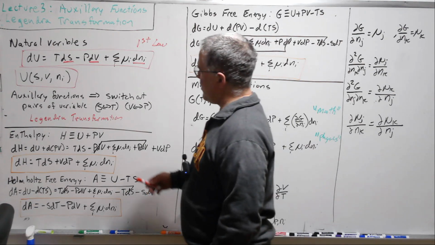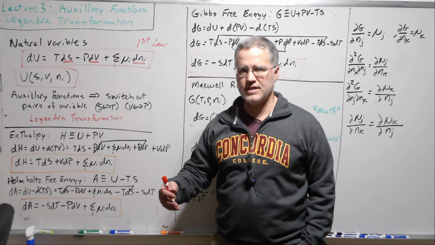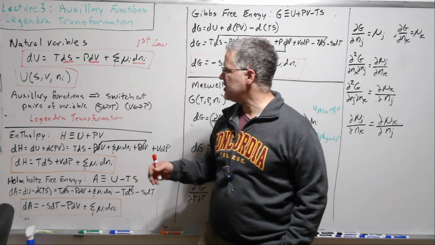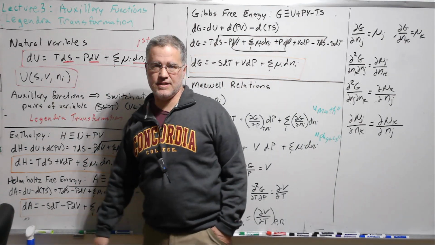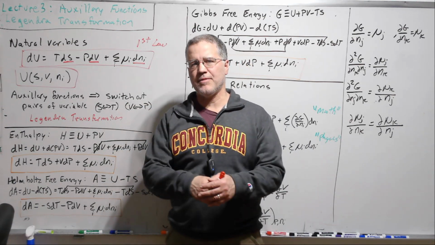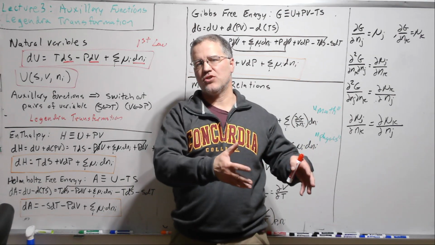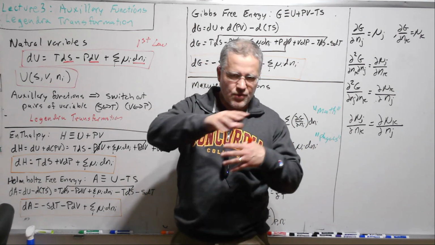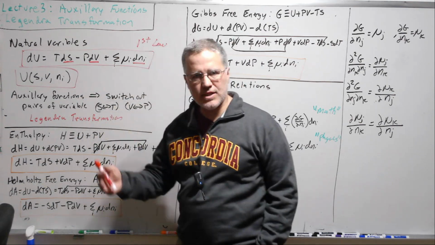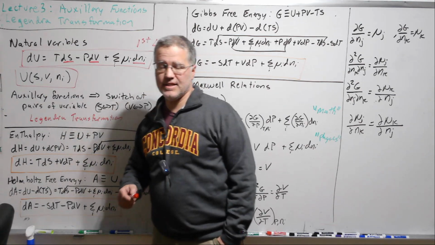Well, it turns out that we will often want in the laboratory and in calculations to have more convenient functions of different variables. And in fact, usually one of the main jobs of a thermodynamic function is to get an expression in terms of things that are easy to measure in the laboratory. So we're always wanting to switch out variables depending on what the laboratory conditions are. Let's look at, for example, S, entropy.